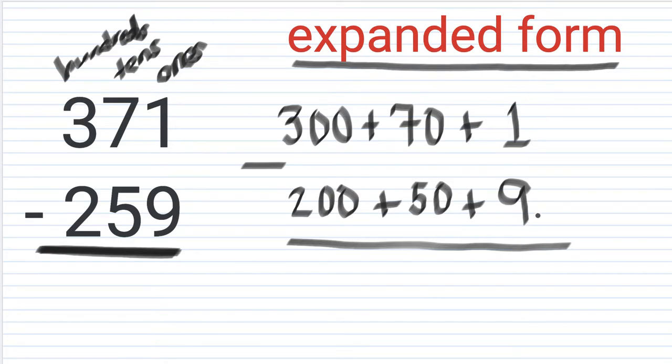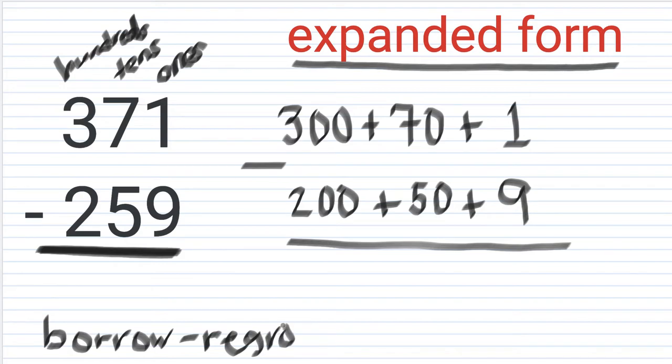Since it is not possible to subtract, that's the time you will borrow. You will borrow or regroup the numbers. Borrow and regroup are just the same. Borrow means you ask. Regroup means you need to group it again.